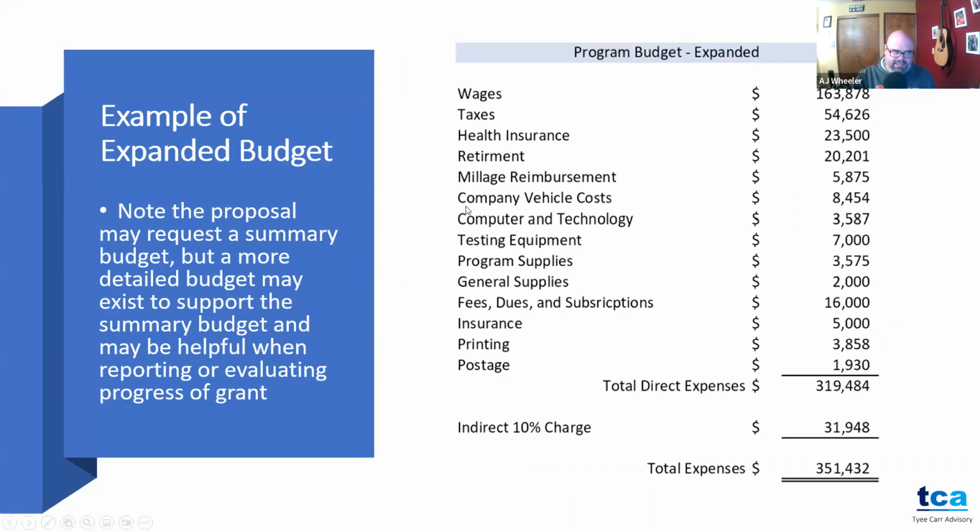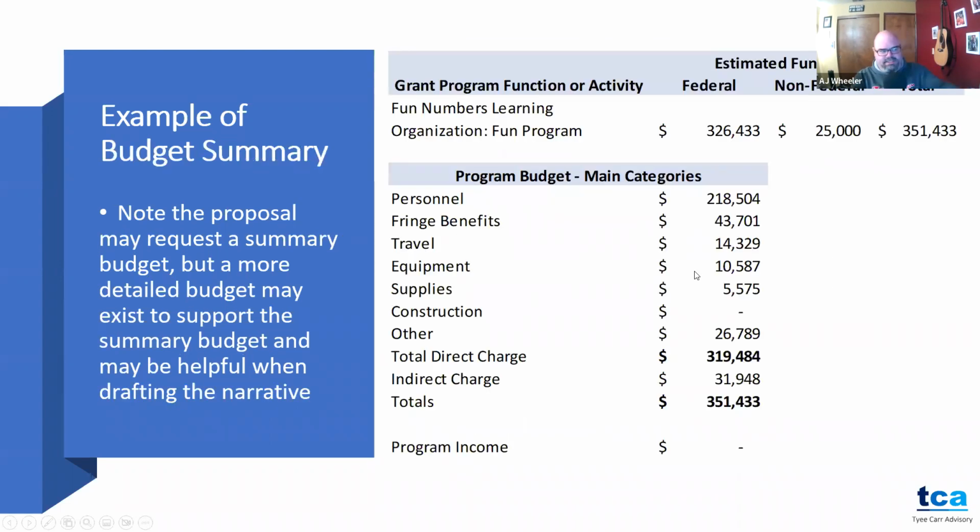Mileage, reimbursement, company vehicle costs is related to travel and related. Computer and technologies, testing equipment, program supplies, and general supplies all roll up into what was listed on the summary budget as supplies.